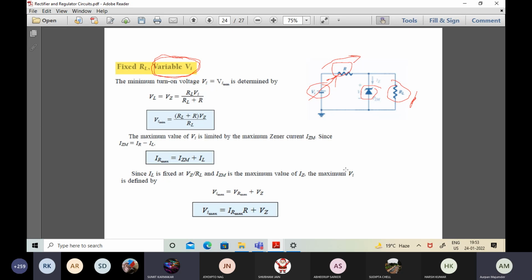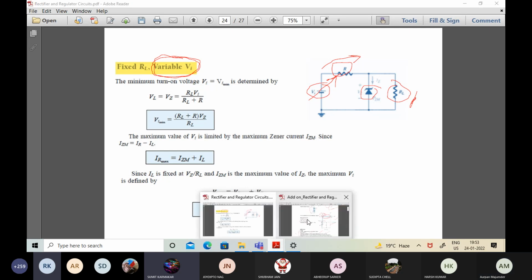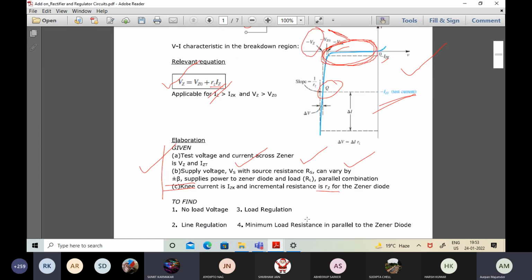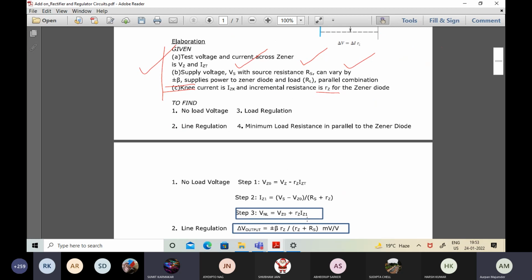That is why it is mentioned over here in this slide, that is the minimum load resistance. The load resistance should not go below a certain value, because if it goes beyond that level, then the effective aspect of designing this regulator circuit will completely fail. There won't be any effect of regulation at all.